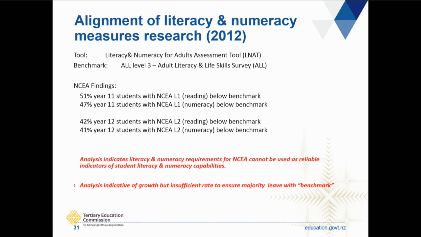And if we think that's roughly what a good benchmark should look like, actually a lot of our Year 8, Year 9 students were already there. So the second key piece of information that was really important to us was that it's unlikely that growth is occurring over time through our schooling system in literacy and numeracy.